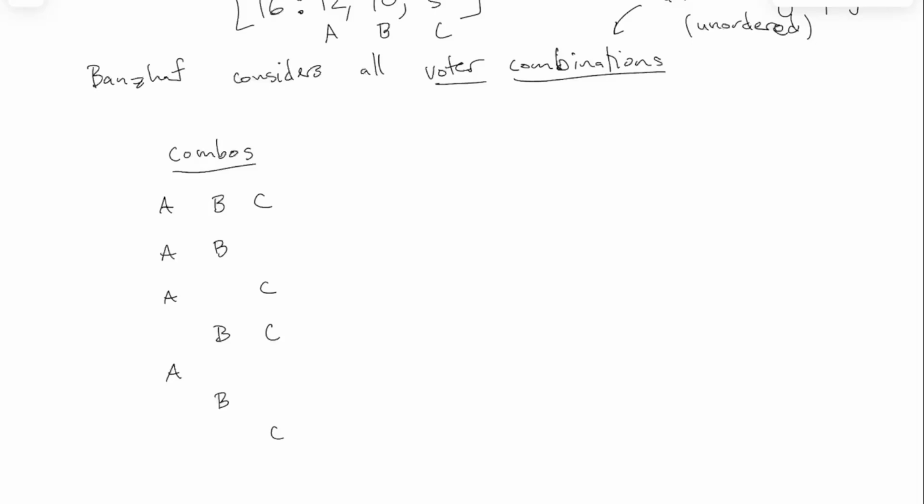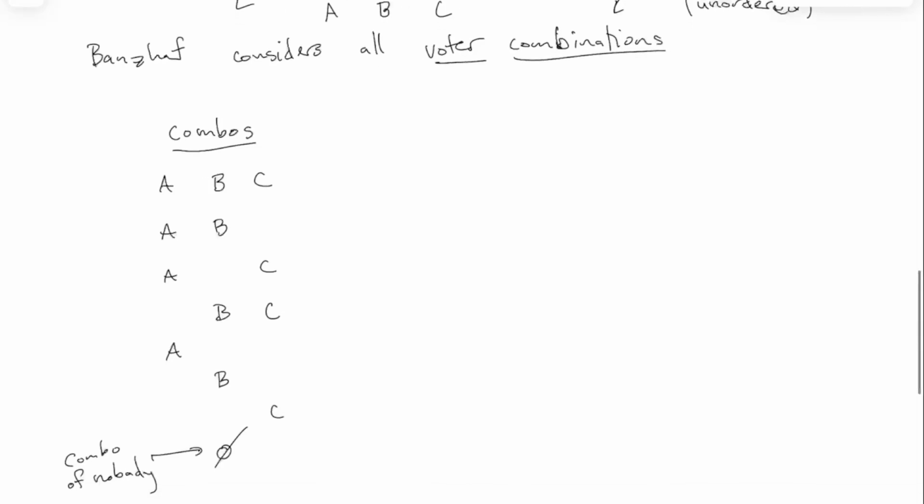It does technically count as the combination of nobody. So I'm just looking at how many different ways I could choose some of them, and you could choose nobody, which I'm going to write like that. So this is the combo of nobody.